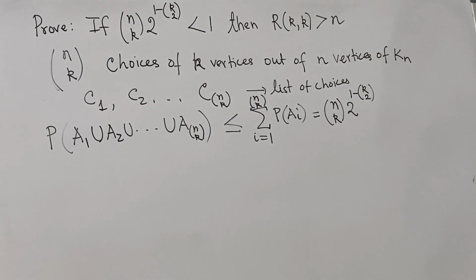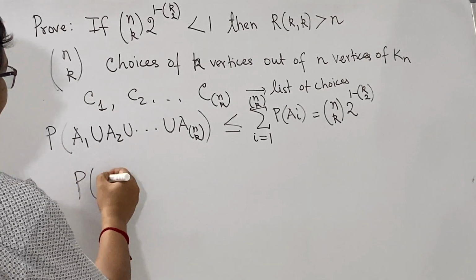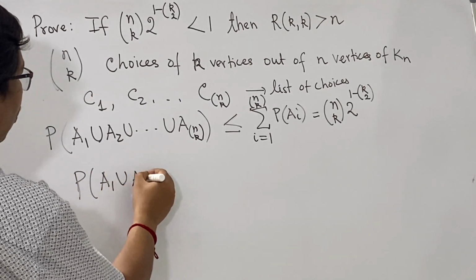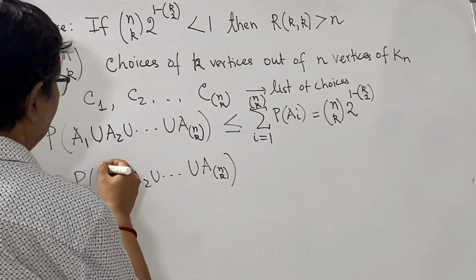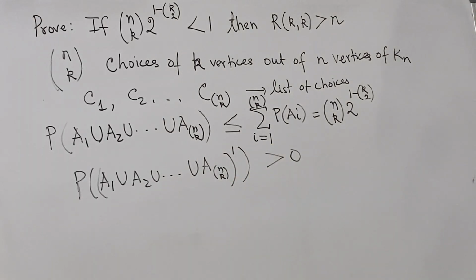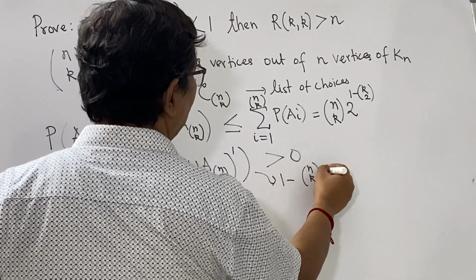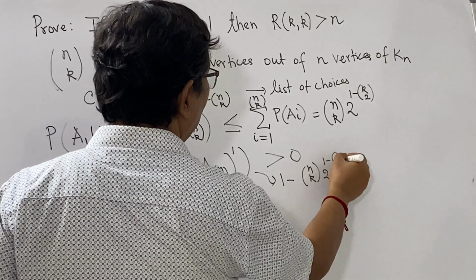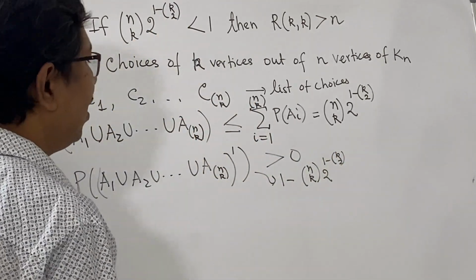Now observe that we are given that nCk times 2 to the power 1 minus kC2 is less than 1.